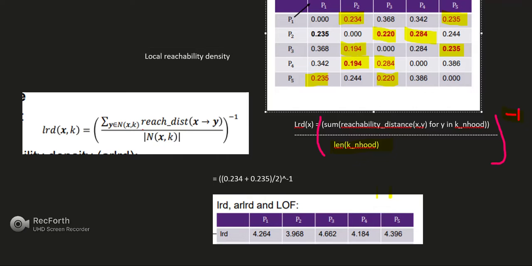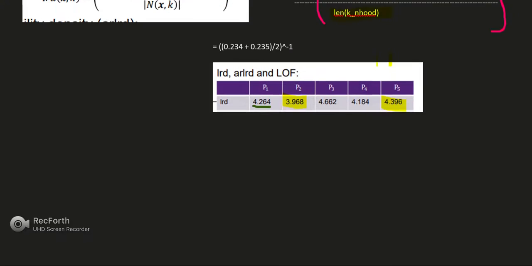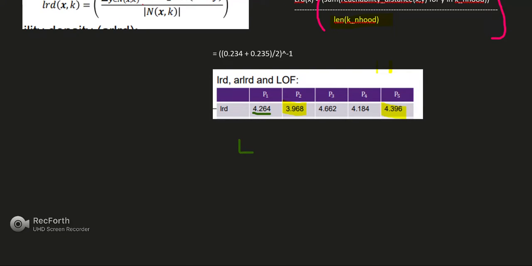So for point 1, the 2 points that are in our neighborhood are P2 and P5. So for point 1, we want P2 and P5, and we also need the local reachability density of point 1, which is this one. So let's calculate that one.